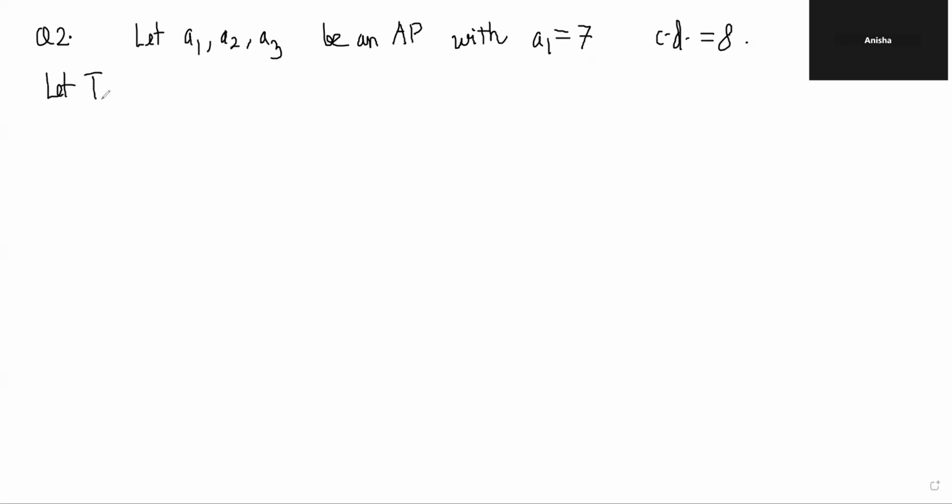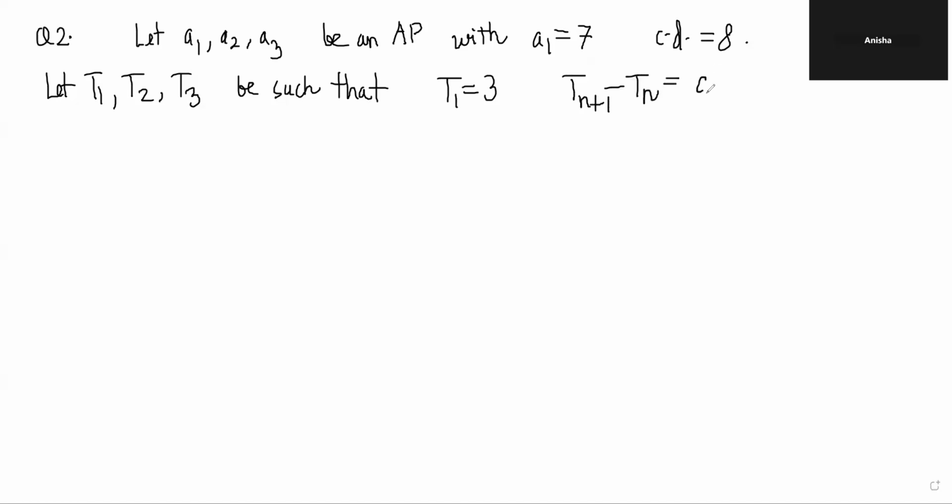Let T1, T2, T3 be such that T1 equals 3 and T(n+1) minus Tn equals An for n greater than or equal to 1. Which of the following statements is correct?